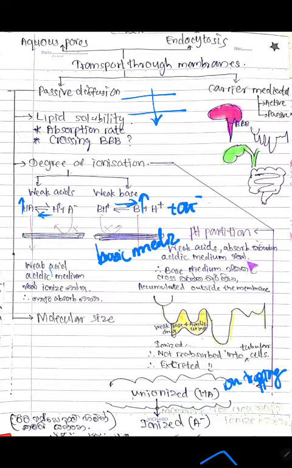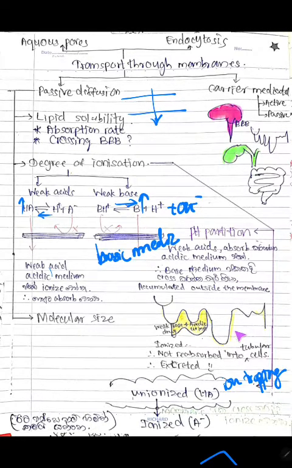If weak acids are absorbed in acidic medium, what happens if it is in basic medium? In that place, it does not form the unionized form. Therefore, it can't cross the cell membrane because it is ionized. Therefore, it accumulates outside the cell.